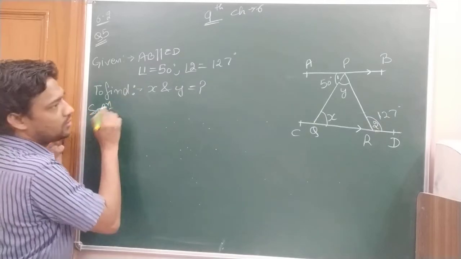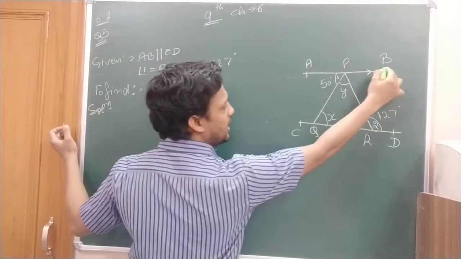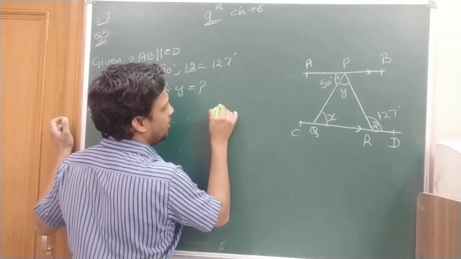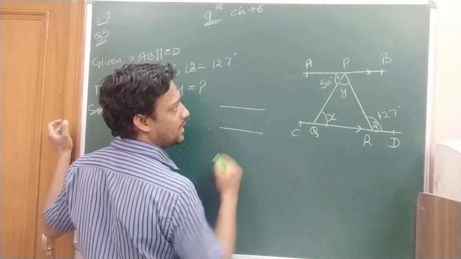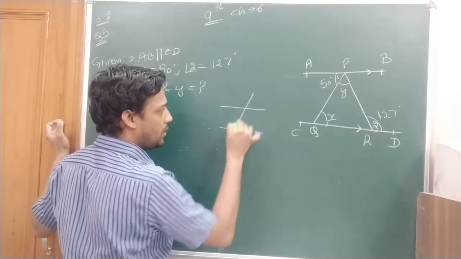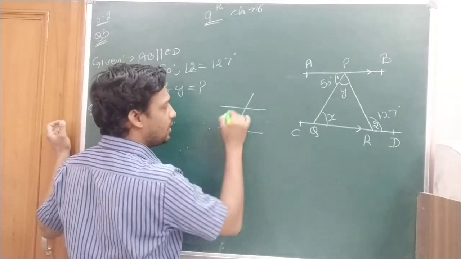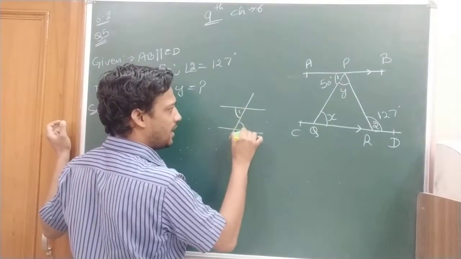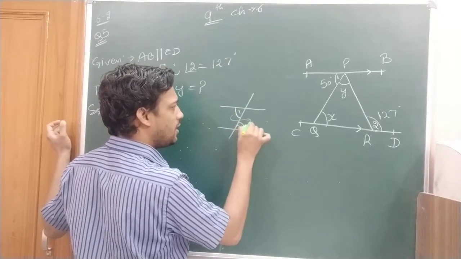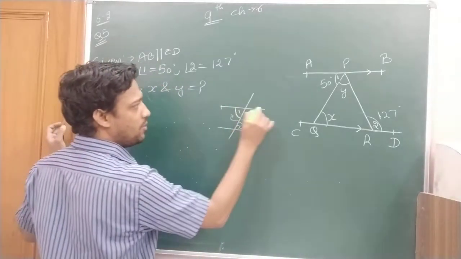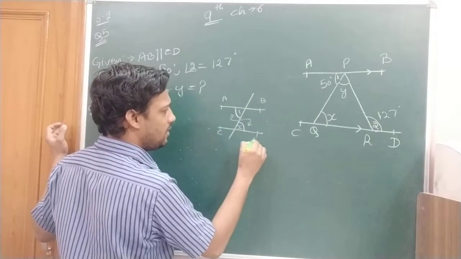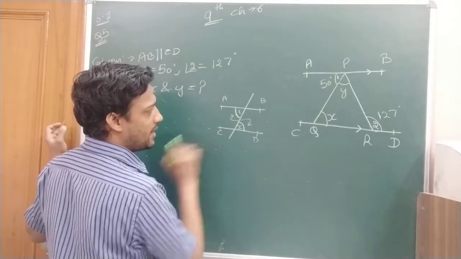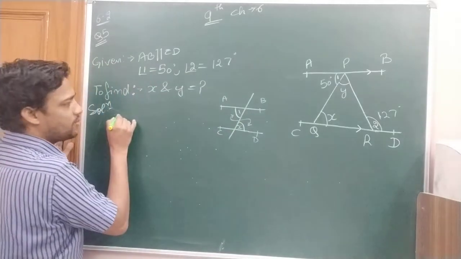Now start the solution. First of all, you can easily see that AB and CD are two parallel lines, and PQ is a transversal. Therefore, angle 1 and angle x both are alternate interior angles. It means both are equal.